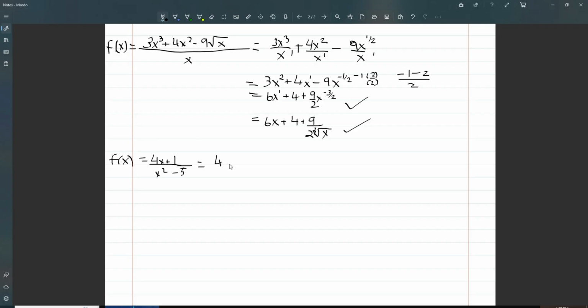I'm just going to write 4, because that's also like the trick. With a single glance, I see that there's an x to the power of 1, so the derivative is 4. Now, same thing with a constant. If you take the derivative of a constant, it's always 0. So as soon as I see a constant, it's already automatically 0. So this is basically plus 0, but I'm not going to write all of that out. We already know that. So I'm just going to multiply the denominator, as we should.